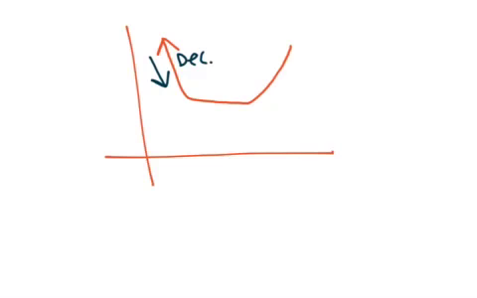If the derivative or the slope is 0, that implies that the function at that point is constant. And then finally, if the derivative or the slope is positive, that implies that the function is increasing. Okay, so let's go back.